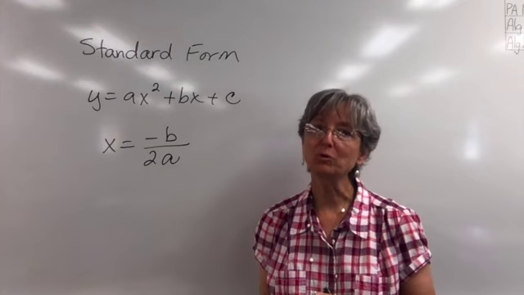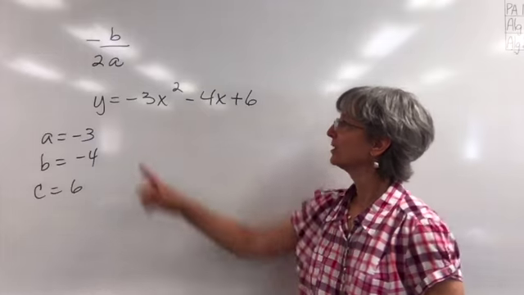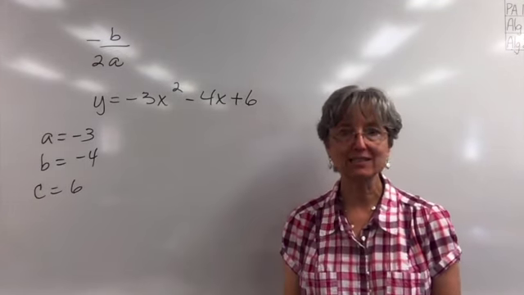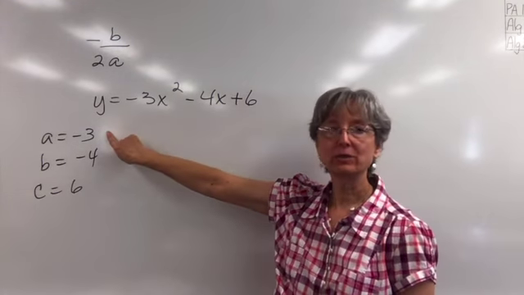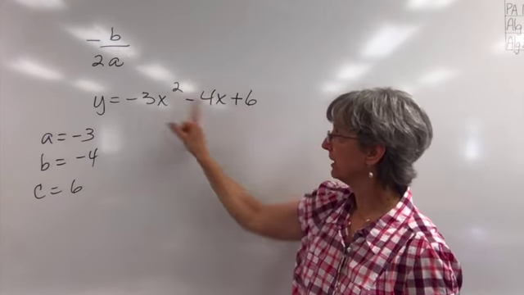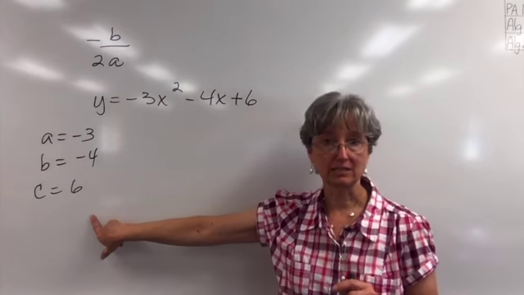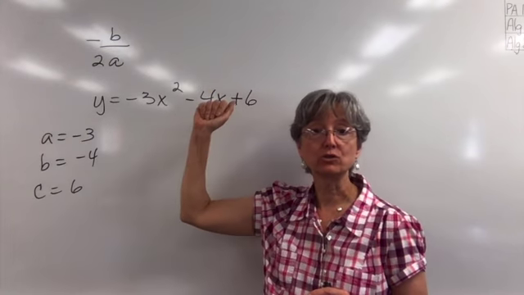So let's walk through this so you can see what it looks like. Here's our first quadratic. y equals negative 3x squared minus 4x plus 6. Step number 1 is being able to identify a, b, and c. Our a is negative 3, our b is negative 4, and our c is 6. Now we do negative b over 2a.